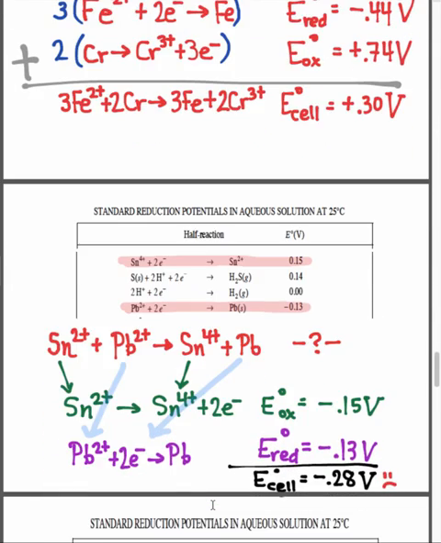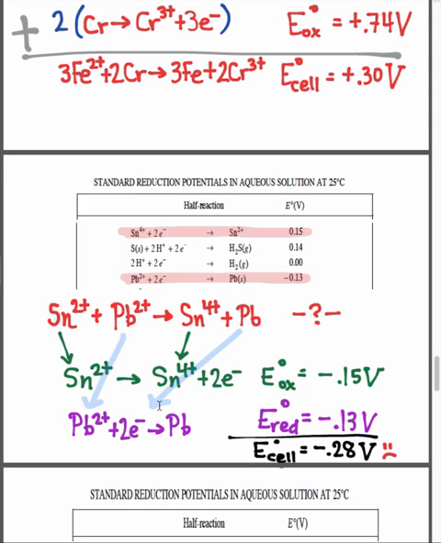The other twist is you could be given an equation and asked, will this be spontaneous? Well, tin 2 plus going to tin 4 plus, lead 2 plus going to lead. I sort of pull the tin 2 plus and the tin 4 plus out and say, is this likely to happen? Pull the lead 2 plus and the lead down and say, is this likely to happen? I look this up, it's a reduction where I gain 2 electrons from the lead 2 plus to become lead.